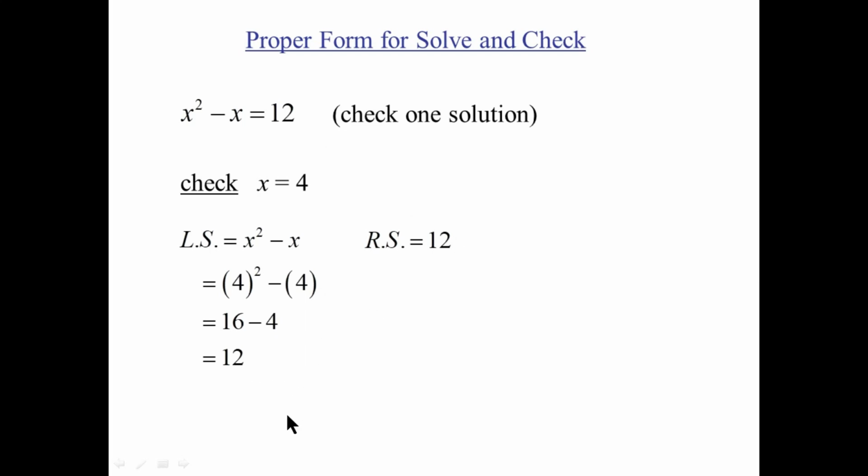We notice that the left side equals the right side. We say this, and now we can confirm that yes, x equals 4. It's been checked. This is the proper form. Check. Say what you're checking, separate the sides, evaluate them both, and then conclude that therefore x equals what you checked. Or possibly conclude that it doesn't equal that.